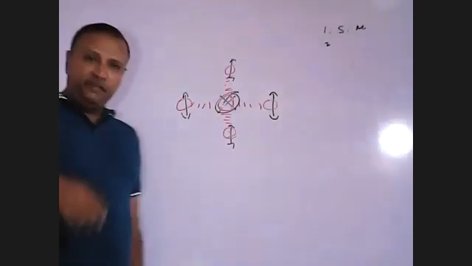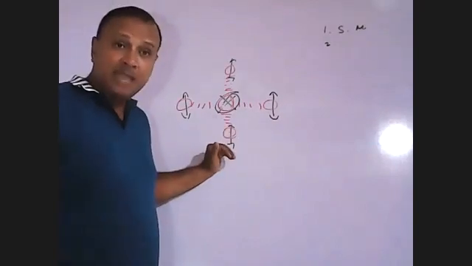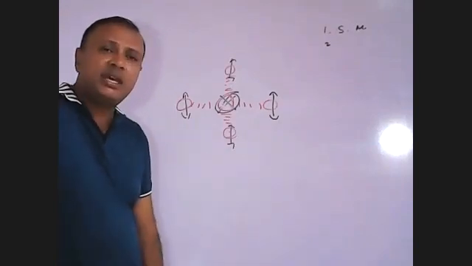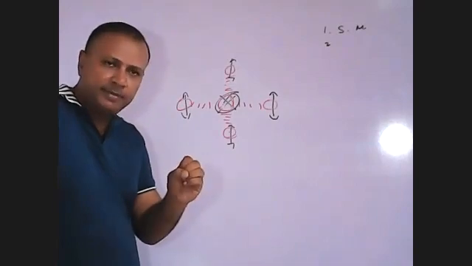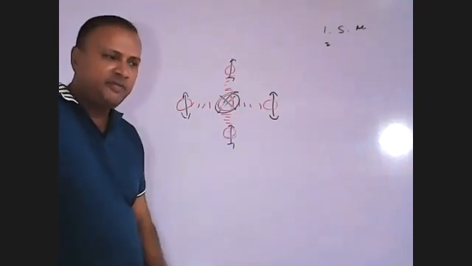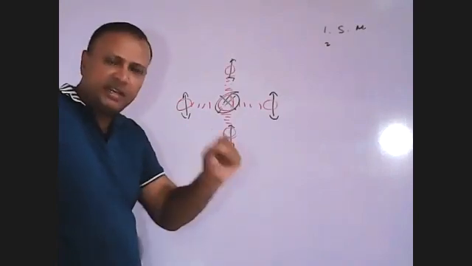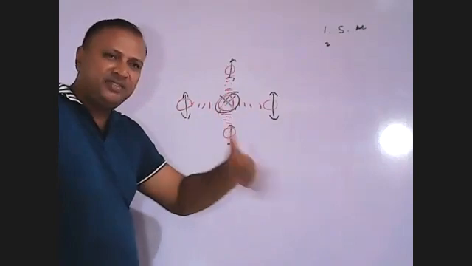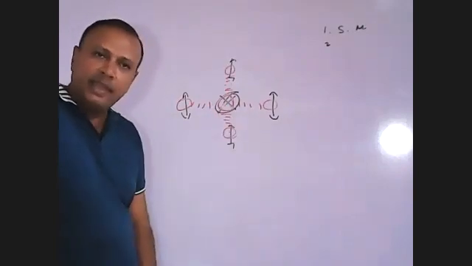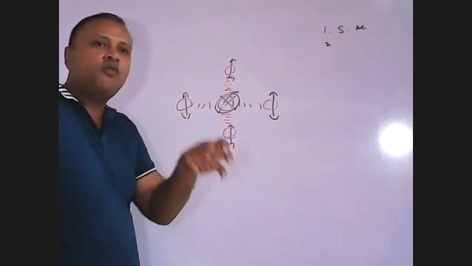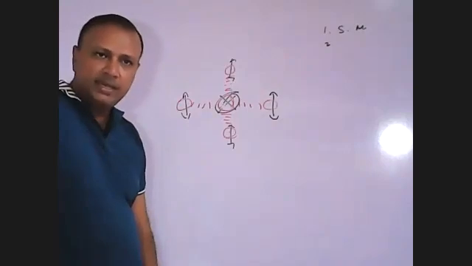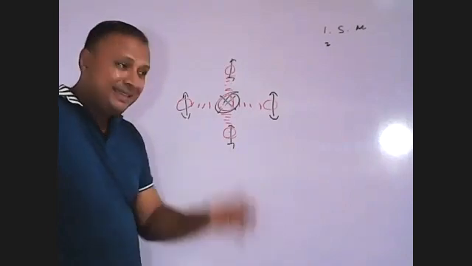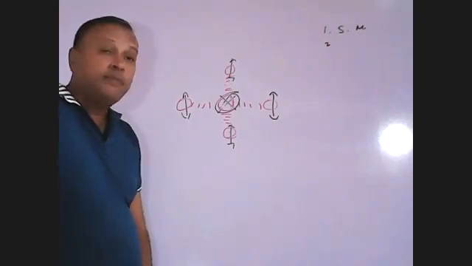So the definition: if we move an object against an attraction force, we need energy. That energy is called potential energy. That attraction force may be gravitational, electric, or magnetic, any kind of attraction force. If we move an object against an attraction force, we should supply energy, and that type of energy is called potential energy.